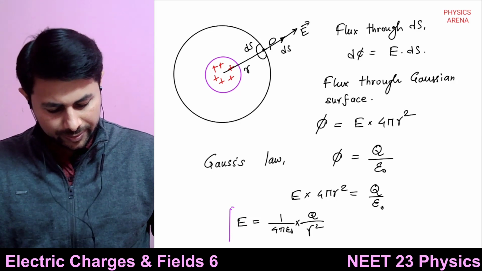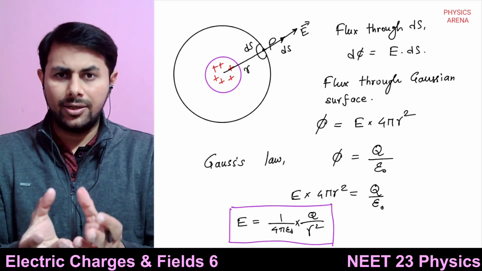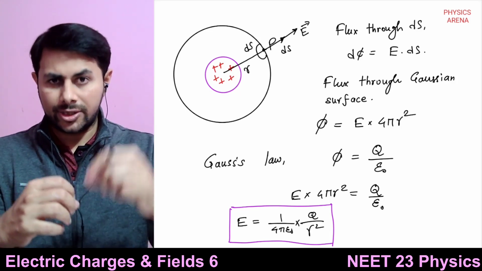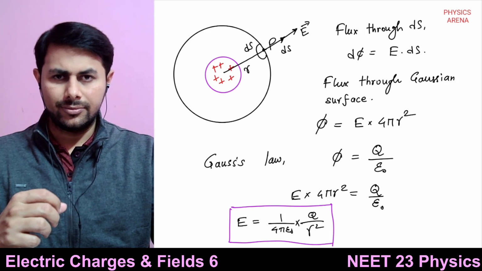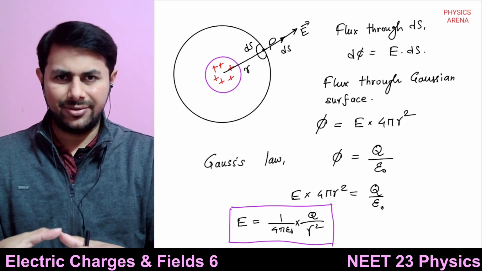The same formula. So it doesn't matter whether it's a shell or a sphere if the point is on the shell or sphere or outside. It matters only for points which are inside.